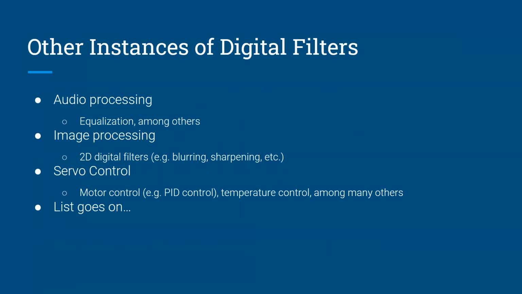This particular instance of filtering is just one tiny subset of all the digital filters that go on all the time. So for example, with audio processing, equalization is just one example of many.